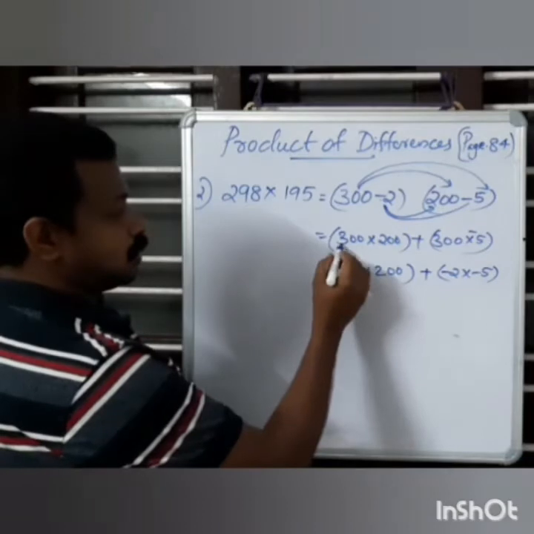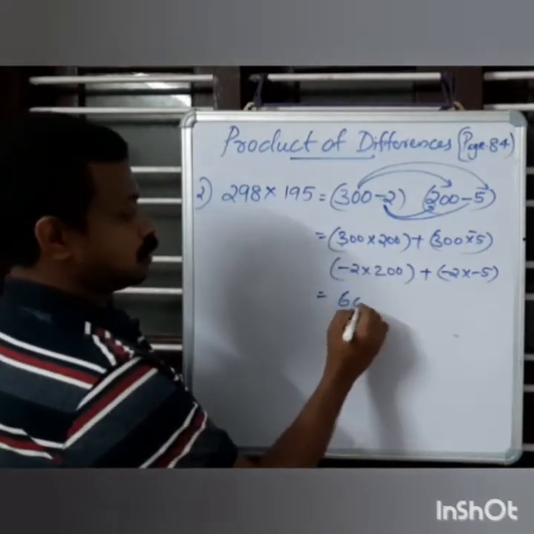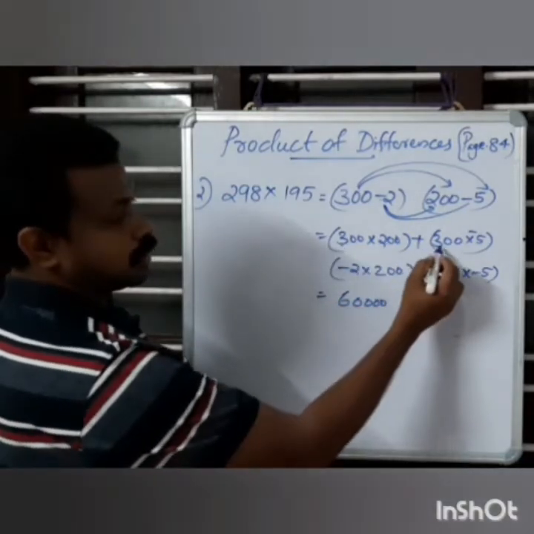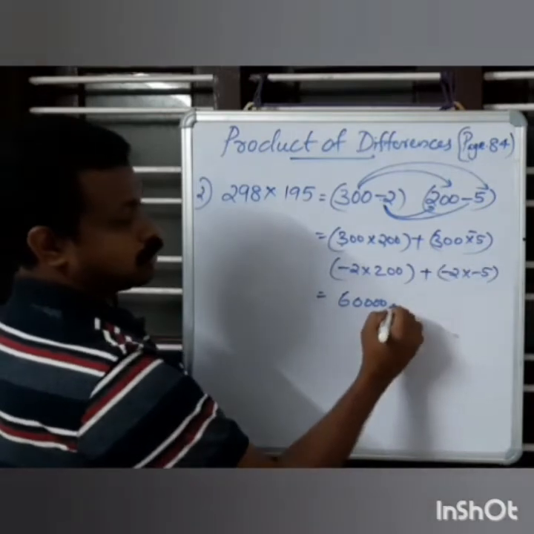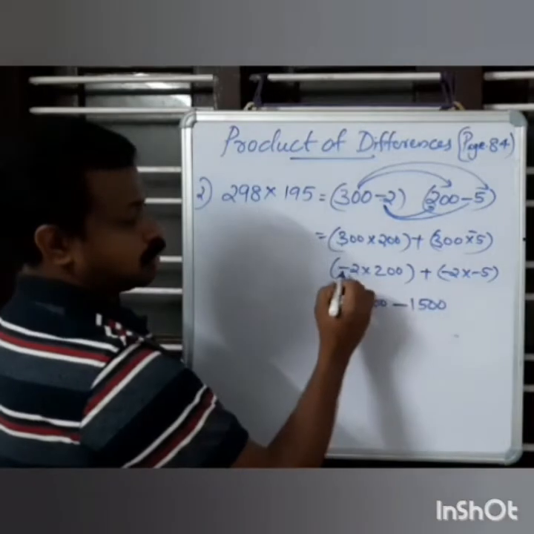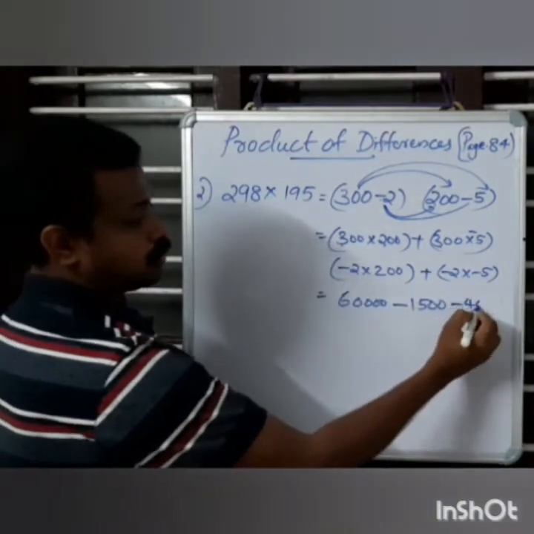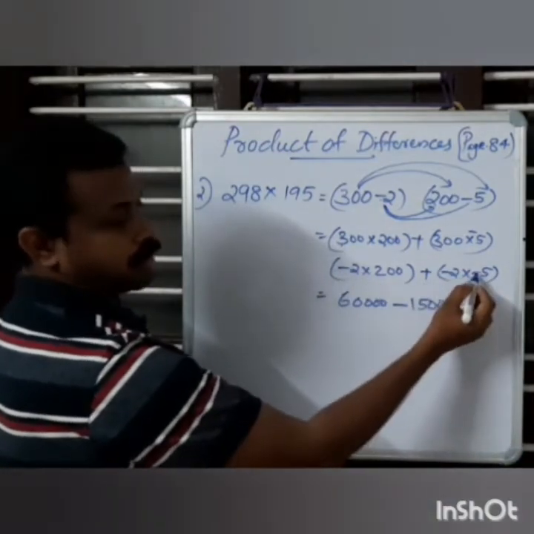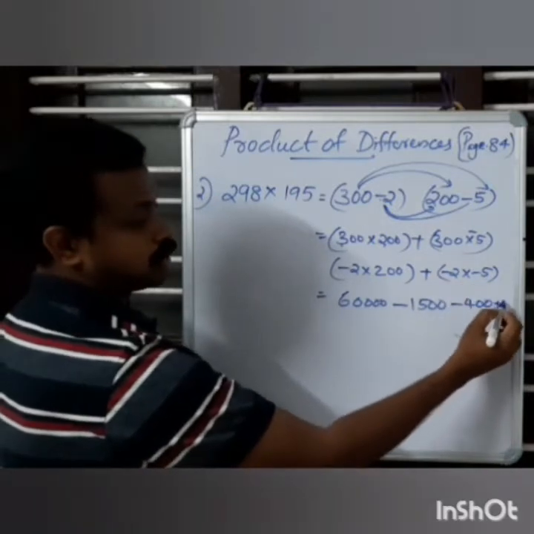So the first one, 3 2s are 6, 60,000. 300 into 5 is minus 1,500. Then minus 2 into 200, so minus 400. Minus into minus is plus, so it is plus 10.